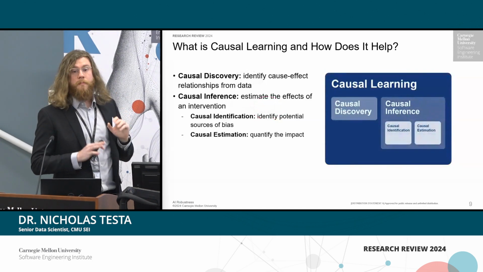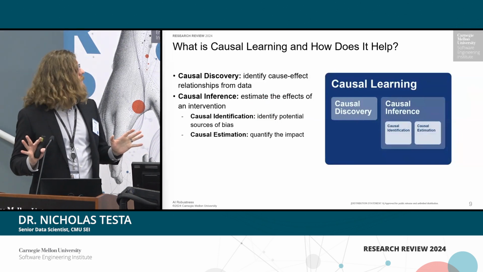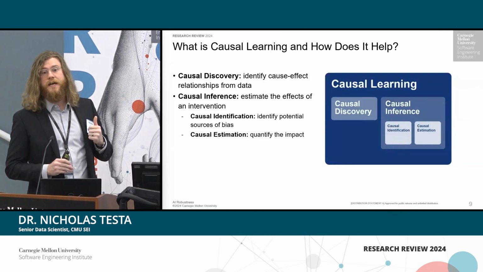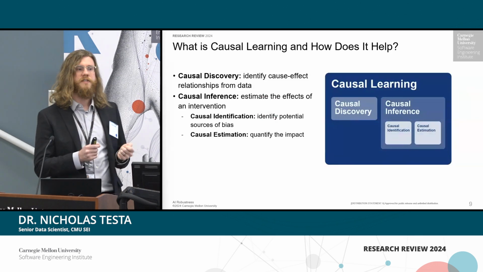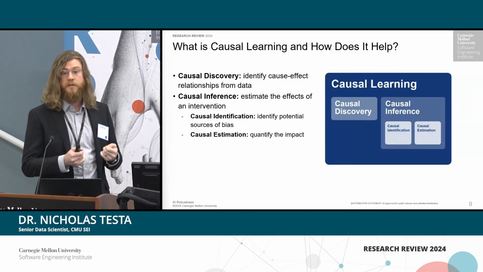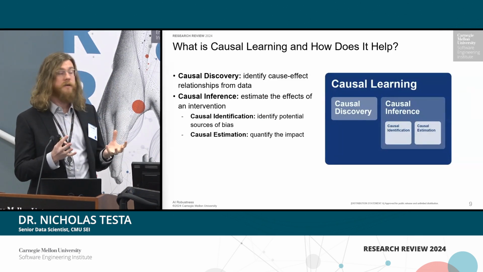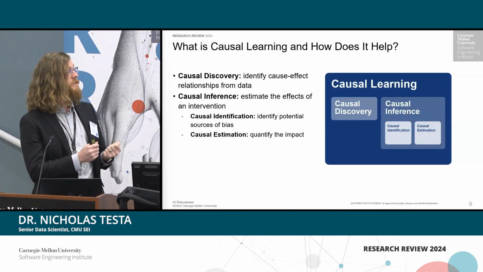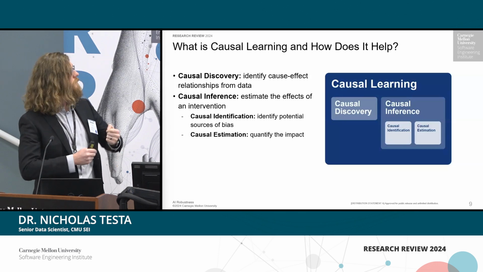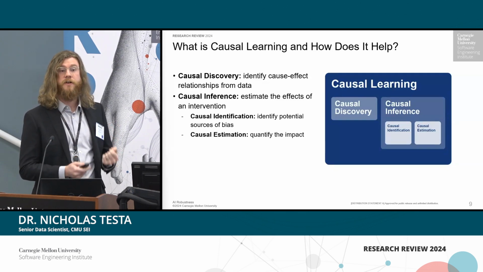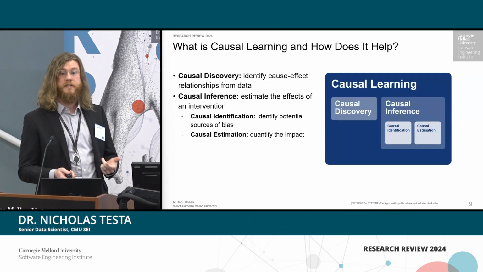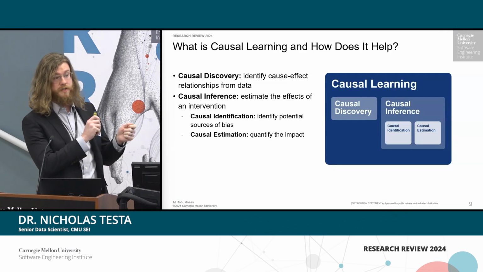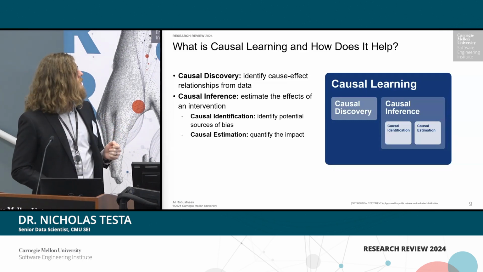There are two main fields within causal learning. We have causal discovery, which allows us to build cause-effect graphs, so causal graphs or diagrams, from the data. And we have causal inference, which uses a pre-existing causal graph to estimate the effects of an intervention or an experiment, in this case the choice of base that we use.